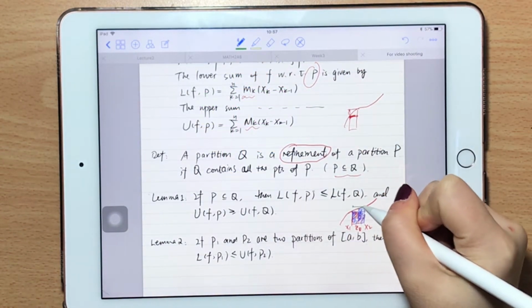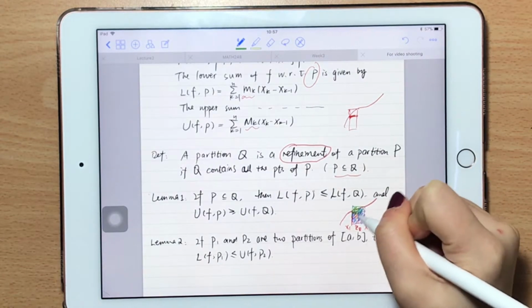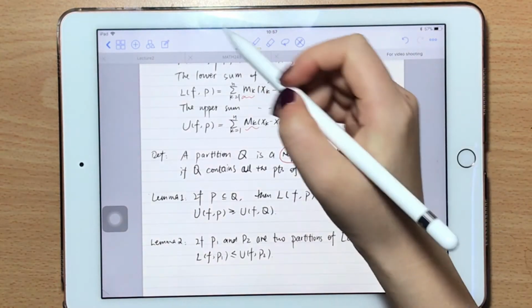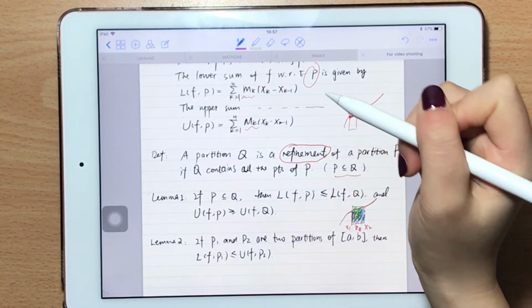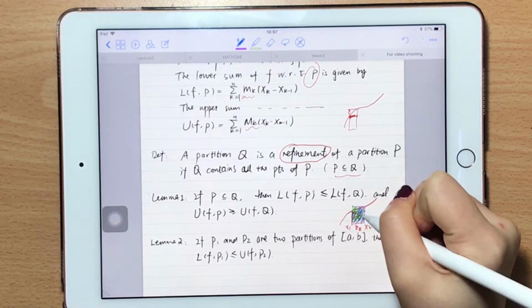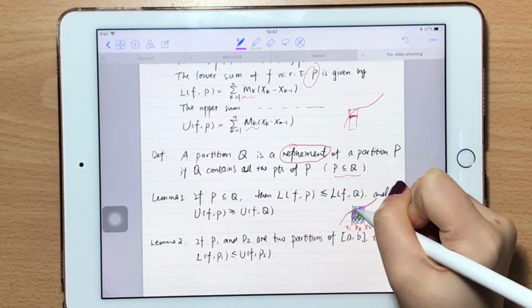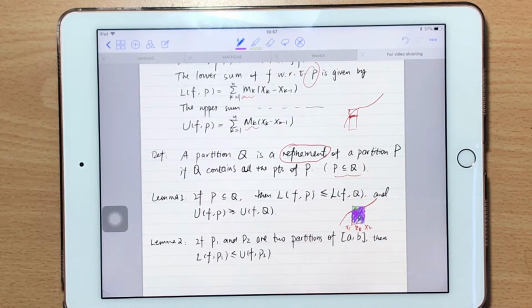Originally, you take the area of the rectangle like this one, this green rectangle, and for partition Q, you will take only this part and this part. So the area of the two small purple rectangles will be smaller than the green rectangle, right? So the upper sum of f with respect to P will be larger.